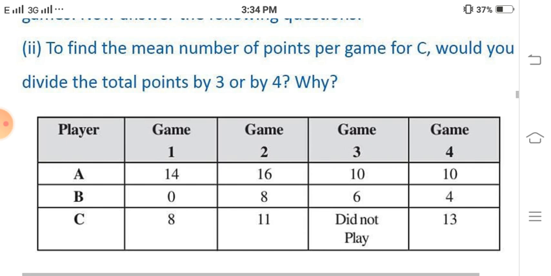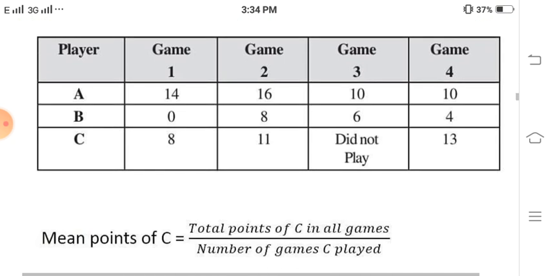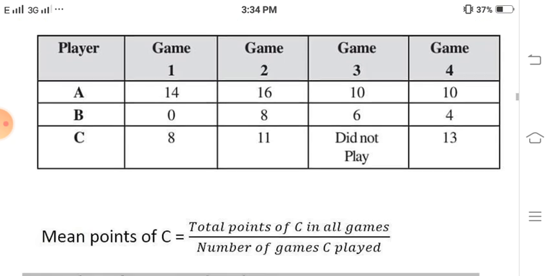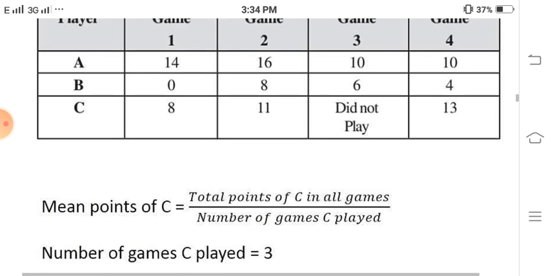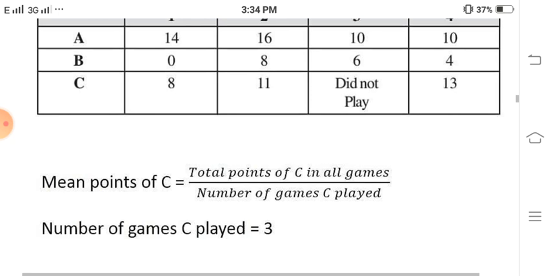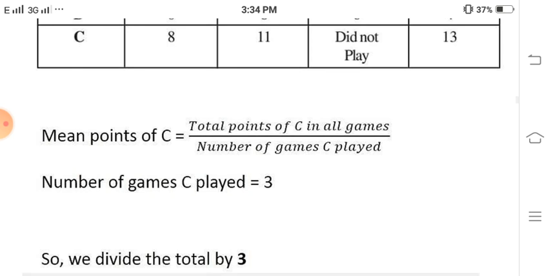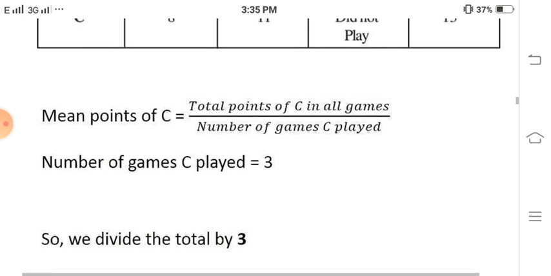In this case we will divide that sum by 3, as the third game has not been played by player C. So mean is equal to total points of C upon total number of games played by C. Since C had played only 3 games, that is first game, second game and fourth game, we will divide the total by 3.